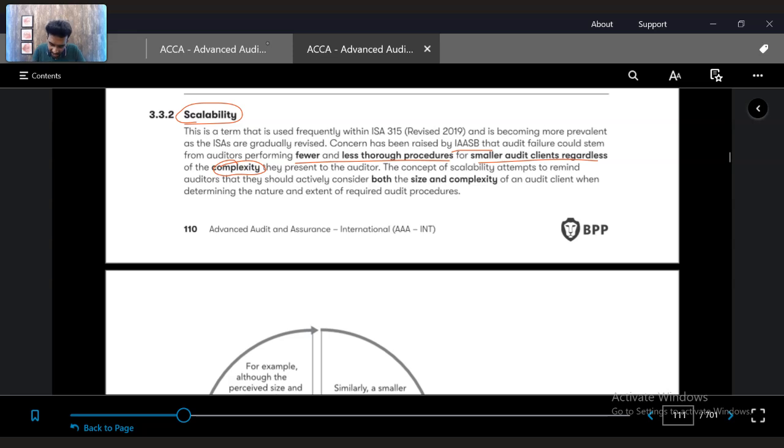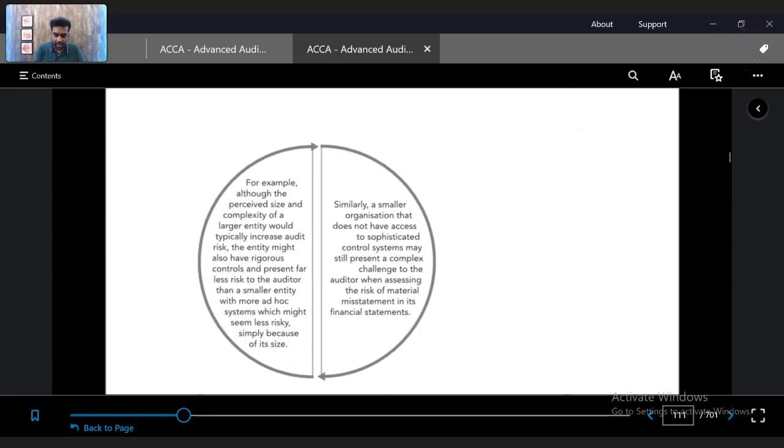So ISA 315 includes a concept of scalability to remind auditors that not just the size, whether the entity is small or not, but the complexity relating to the entity should also be considered. To give you an example, let us say we are auditing a larger entity.